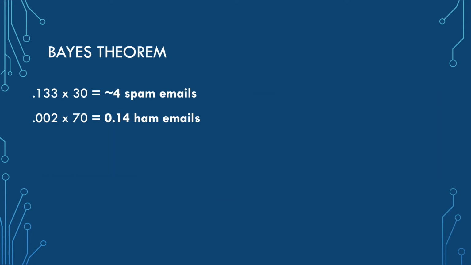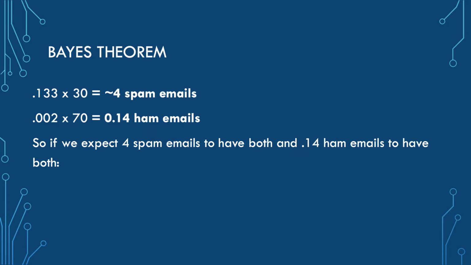Now that we have real counts that we can turn to, we can use Bayes' theorem to estimate the probability that a brand new email that is unlabeled and contains both paid and offer is spam. So if we expect 4 spam emails to have both expressions and 0.14 ham emails to have both expressions, we can calculate the probability that having both is spam as the number of spam emails that we estimate divided by the total number of emails we estimate, or 4 divided by 4 plus 0.14, which equals 0.966.